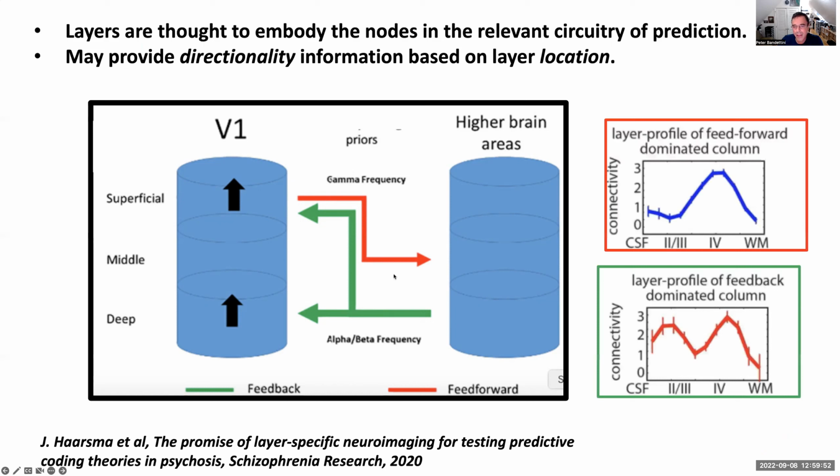And this can be shown as, and I'll be showing more and more of these plots in my talk, these canonical plots. A single hump indicates a feedforward dominated column, so some area that's higher than the area it's talking to, that's receiving input from. And this is a feedback dominated column. Let's say this is in V1 receiving input from a higher area. It would show this double activation, or double hump, right here.